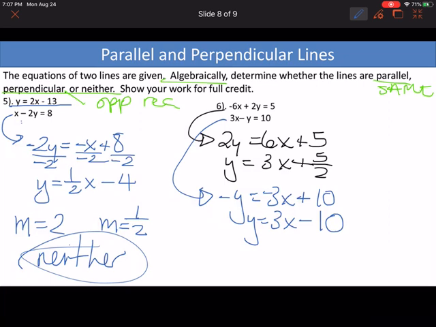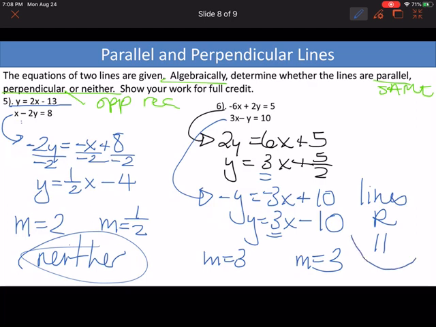All right, let's compare. So this first one was 3. The second one was also 3. That tells me what? They're the same. Same is parallel. So the lines are parallel. I hope you remember that symbol, parallel. All right, so that's how you show them algebraically.